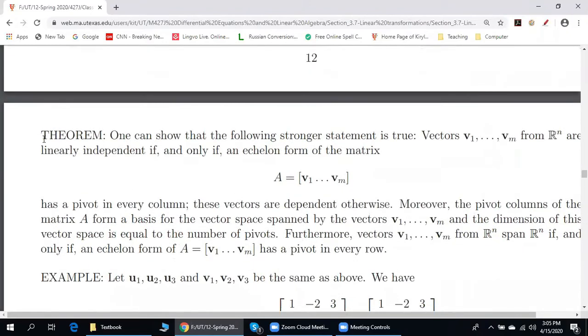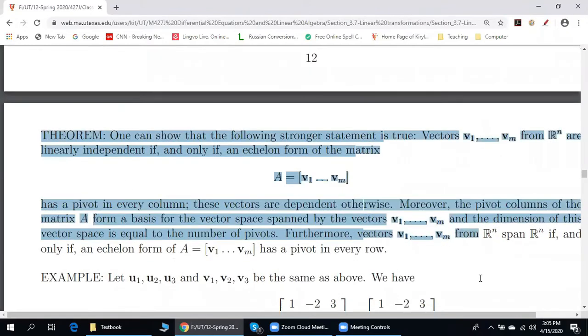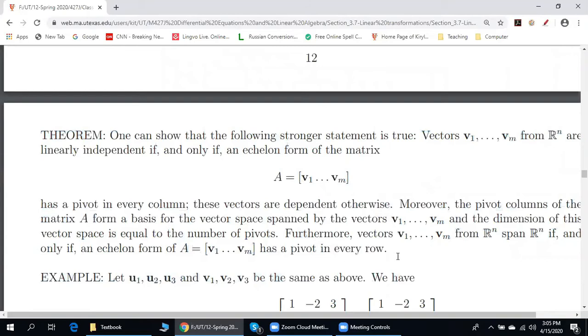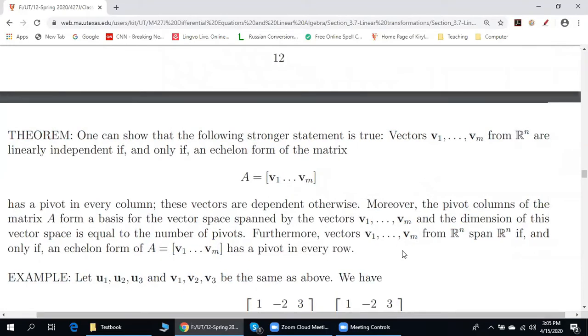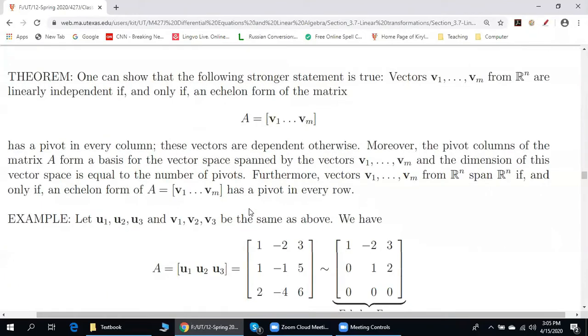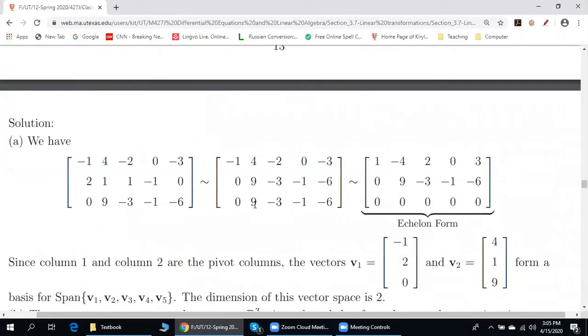We use this theorem that tells us that in order to find a basis and dimension, we put all vectors together, find an echelon form, and then look at pivots. It's exactly what we do here.